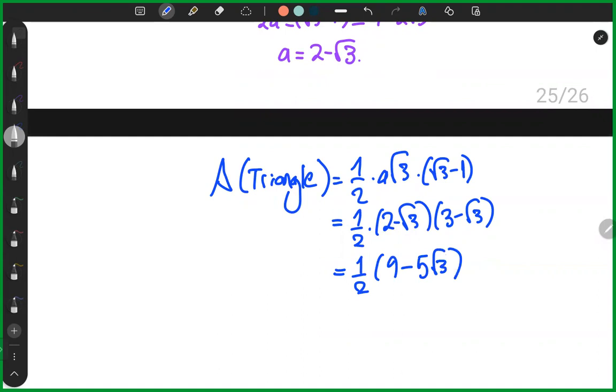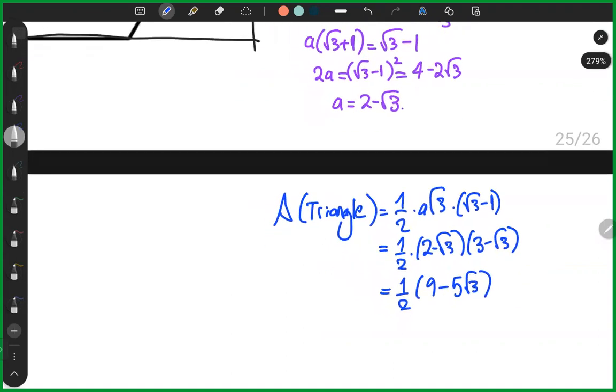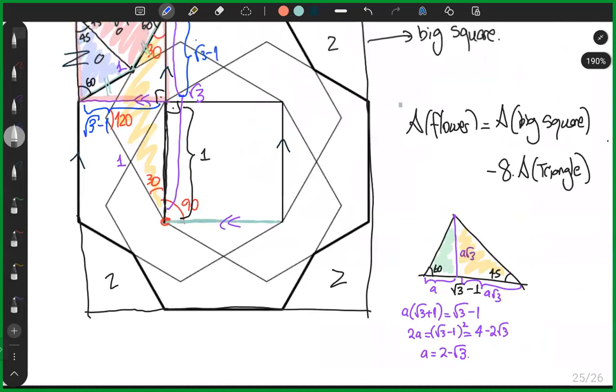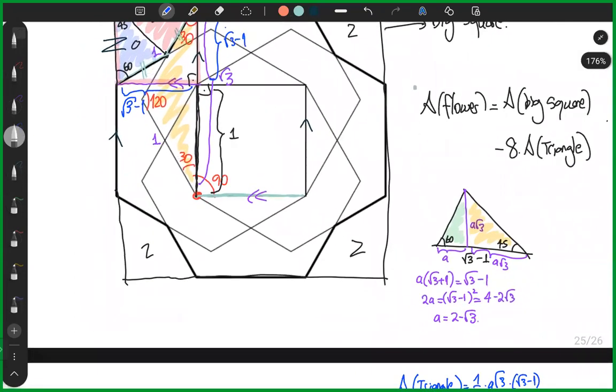Okay, and then next, let's calculate the area of the big square. So for that, I need to calculate one side. I know that this is √3 - 1, and this part is 1, and this part is √3 - 1.